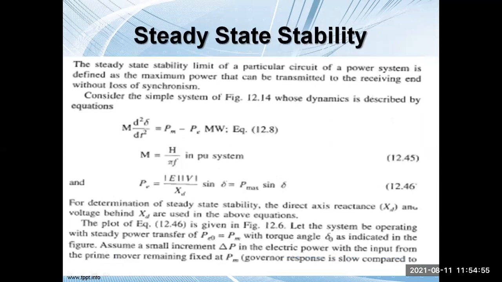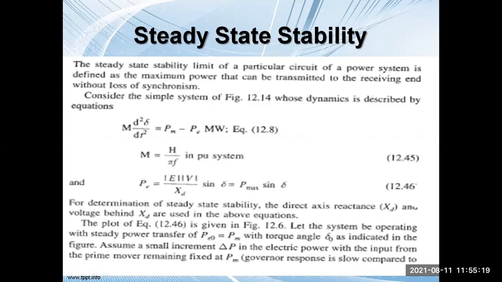Next is the steady state stability. We need to understand in detail what the steady state stability of a power system is. The steady state stability limit of a particular circuit of a power system is defined as the maximum power that can be transmitted to the receiving end without loss of synchronism. Suppose you are transmitting power from the sending end to the receiving end.